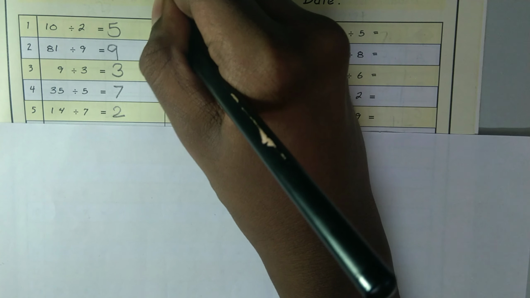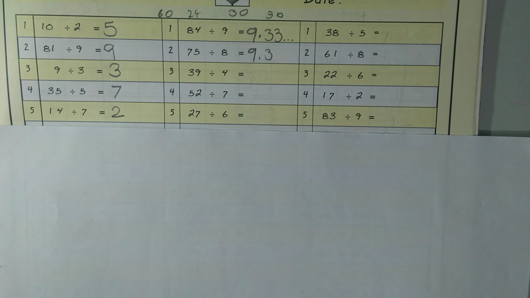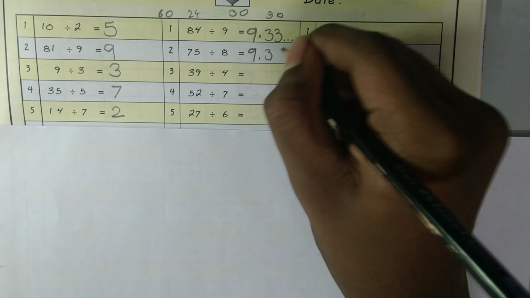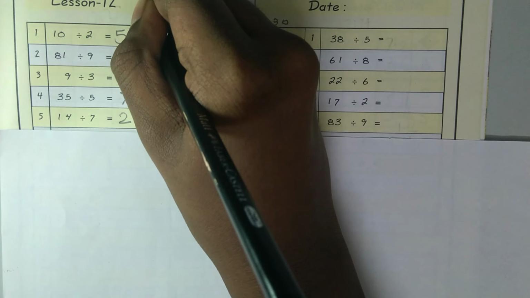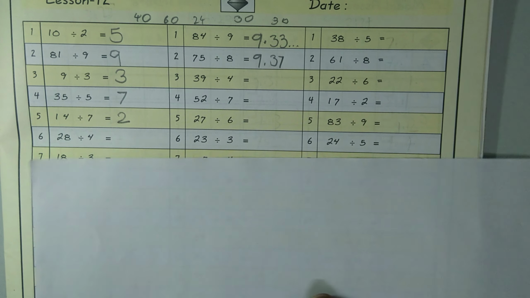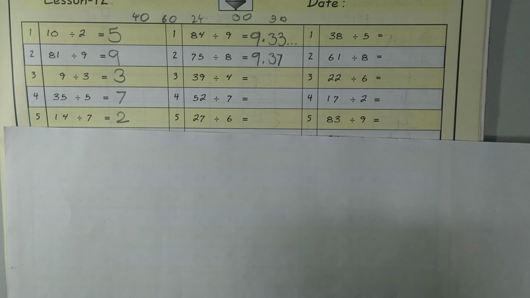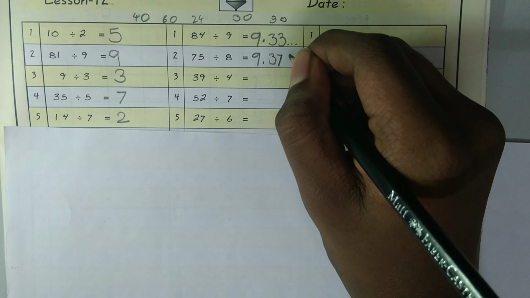And now when we do this, we get 24 as the answer and remainder is 6. So we can keep a 0 beside 6. 8 into what is closest to 60? 8 into 7 is 56. And our remainder is 4. And we have to keep a 0 beside it. 8 into what is 40?